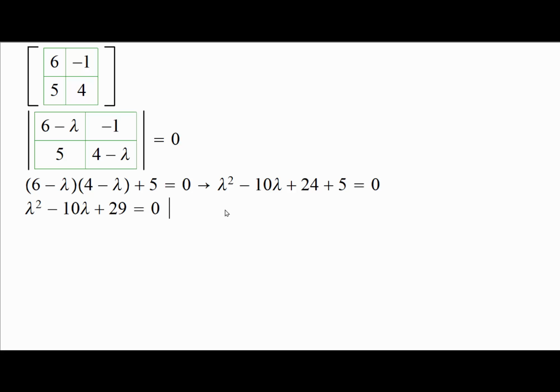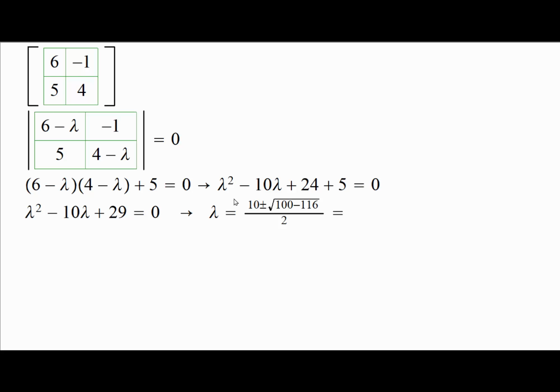Then we can use the quadratic formula. So -10 becomes +10, then plus or minus the square root of -10 squared, which is 100, minus 29 times 4, which would be 100 minus 116, divided by 2.